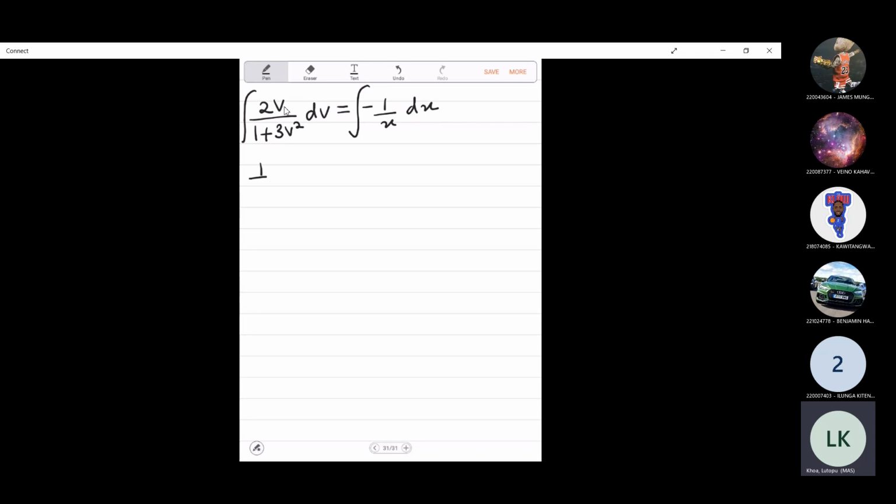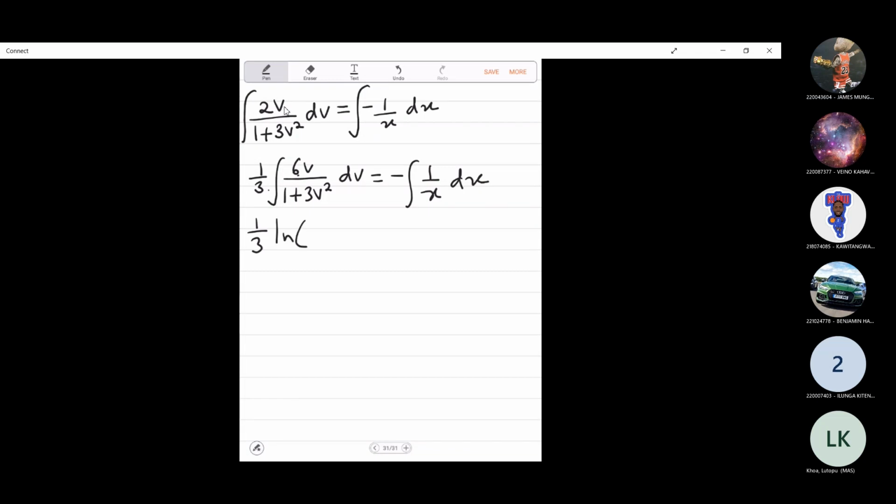So I have 1 over 3 integral of 6v over 1 plus 3v squared dv, and this is minus 1 over x dx. Okay, now the integral is straightforward. This is 1 over 3 times the integral of 6v over 1 plus 3v squared, that is just ln of 1 plus 3v squared.